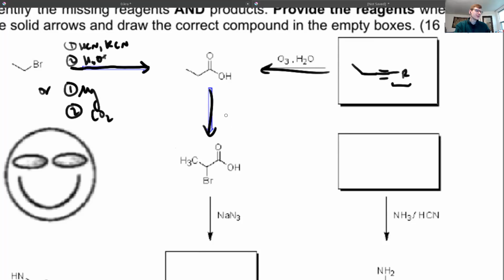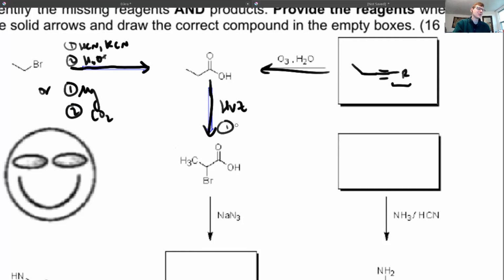What about this one? That's the HVZ. Yes. It's such an absolutely telltale thing. Let's see, what are the reagents? Let me look them up, because I can never remember them.